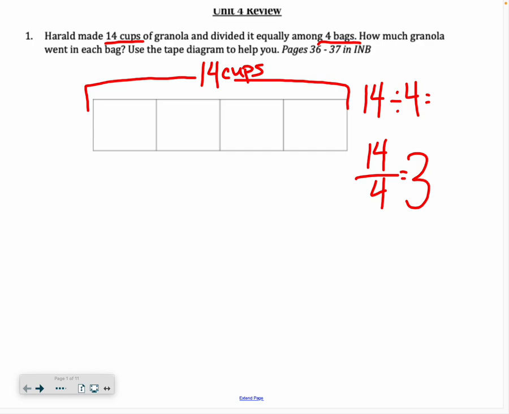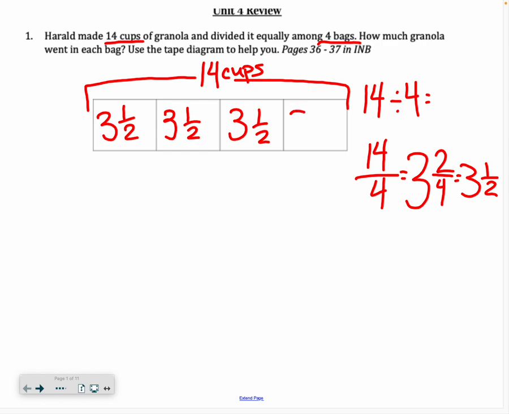3 groups of 4 we just said is 12. So when you take 12 away from 14, you've got 2/4 remaining. This reduces to 1/2. So I can put 3 1/2, and that would represent the number of cups in each bag, and I can verify to make sure my answer is correct by totaling those 4 3 1/2s up, and it should equal 14 total.